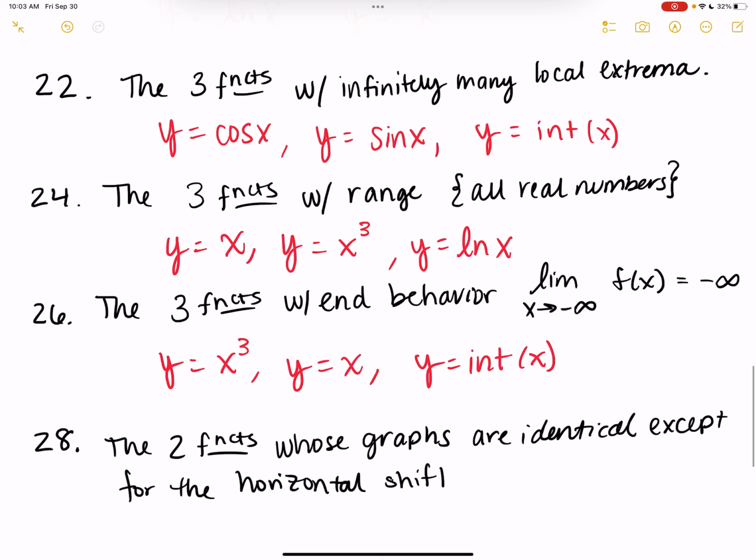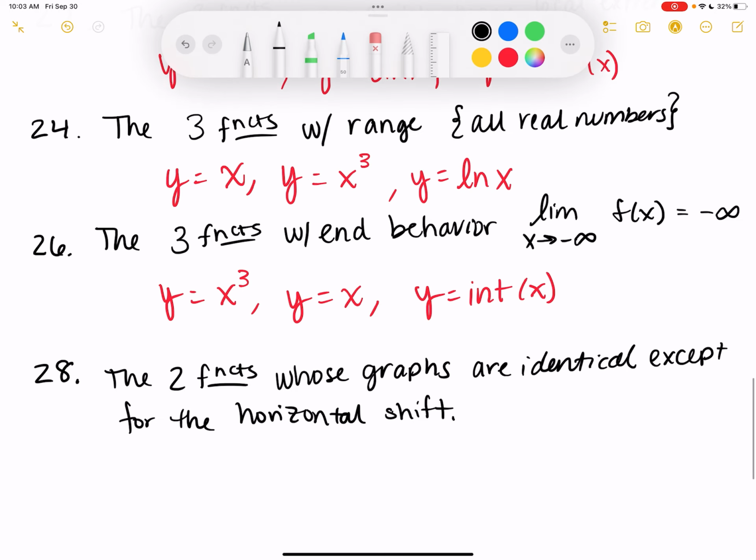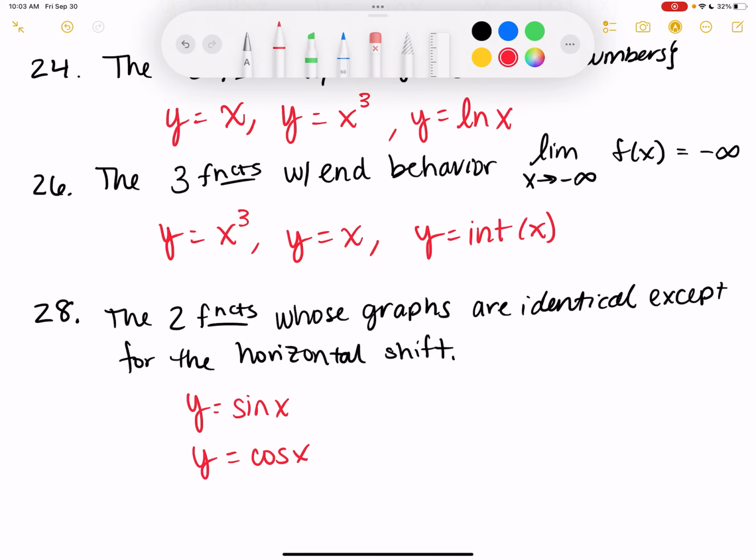Is it sin x and cosine x? Yep. So they just shifted a little bit. What if you took cosine and shifted it, it would be the same. Or sine and shifted it, it would be the same.